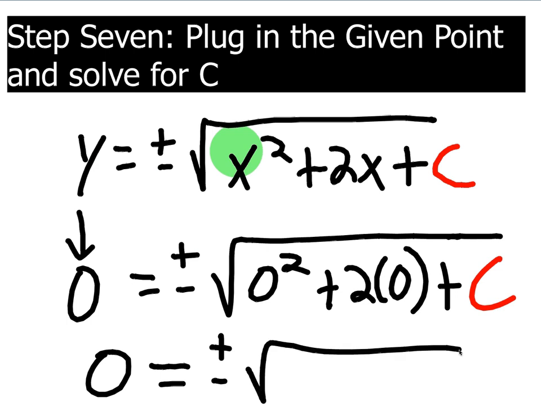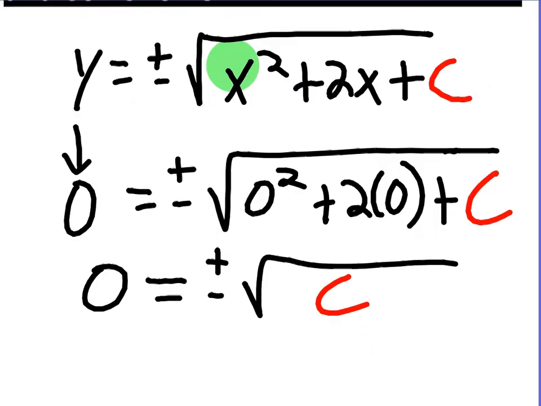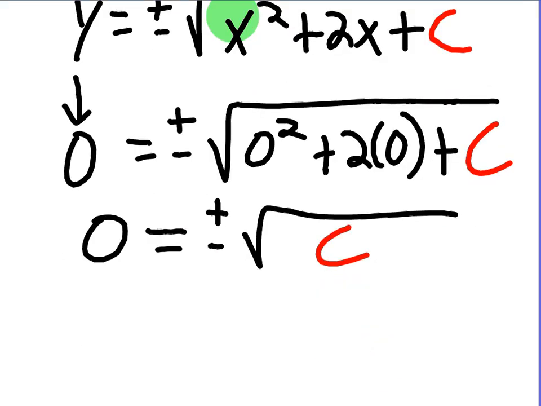Now everything in the middle is going to turn to 0 except for the C. 0 equals plus or minus the square root of C, and you can quickly see that C is just going to be equal to 0.